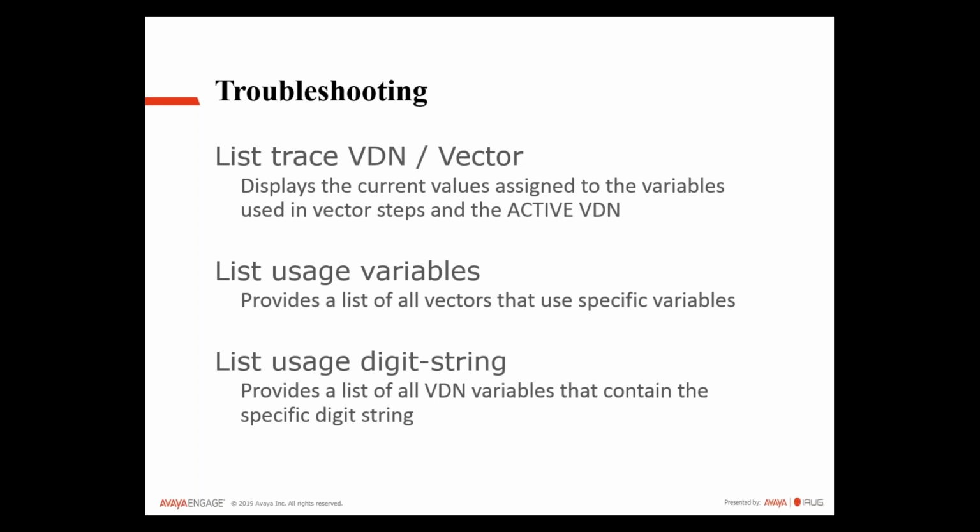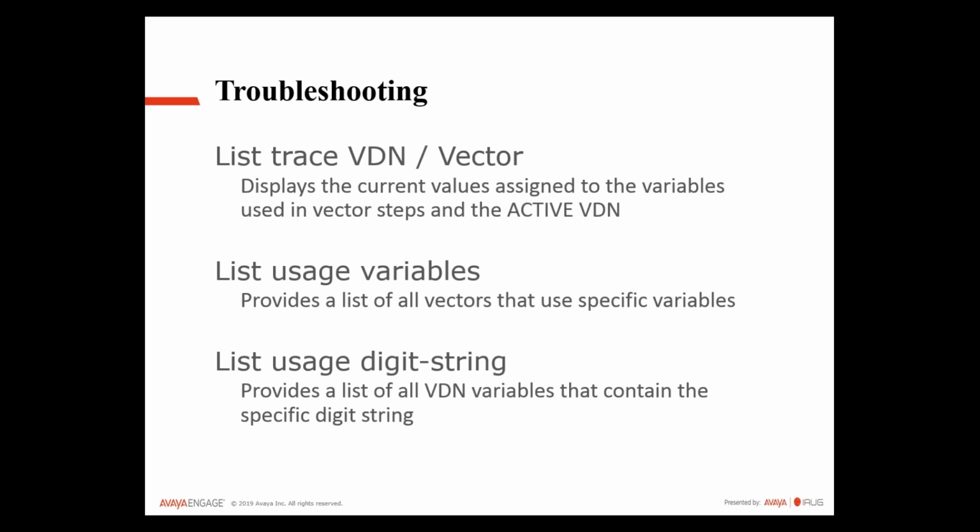So troubleshooting. This becomes really important when somebody calls and asks, why am I getting calls to this team? It doesn't make any sense. You can go through and do a list trace on the VDN or the vector. It's going to show you, especially if you're setting and stuffing, exactly what variables it's inserted and where things go, so that you'll know, oh okay, the override is set incorrectly, so it's putting in the wrong skill set or something like that.